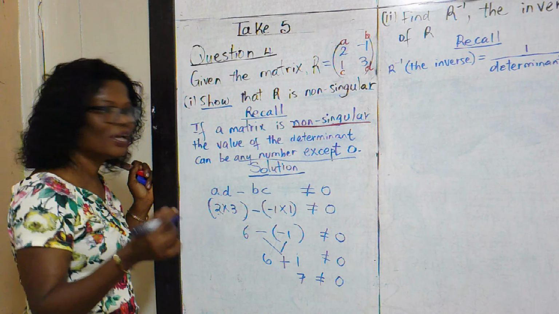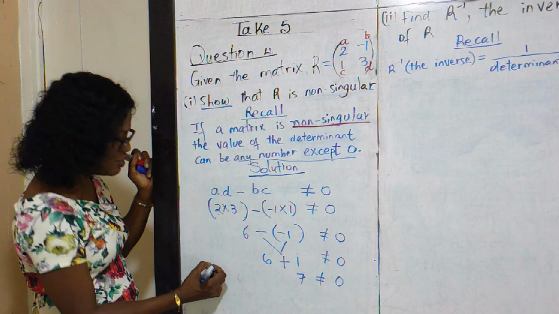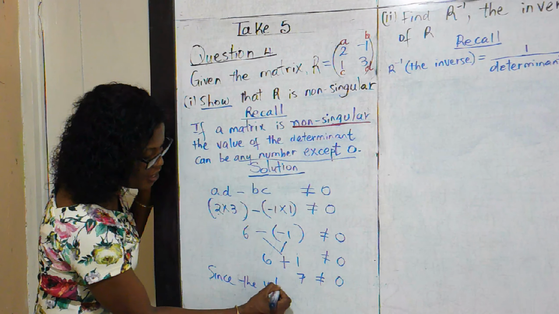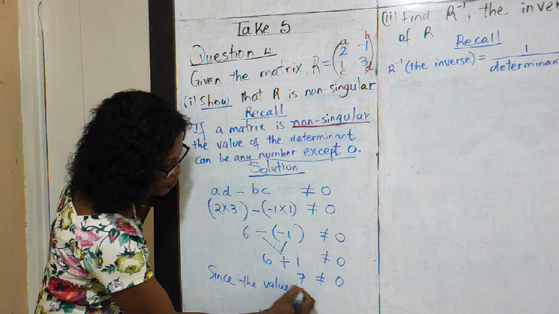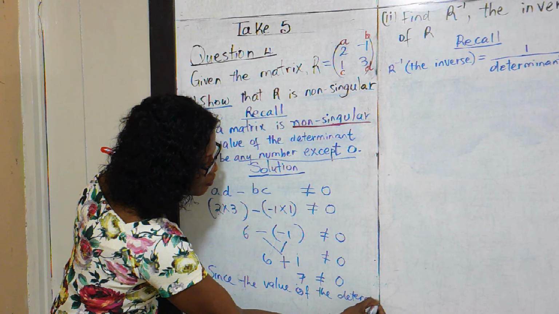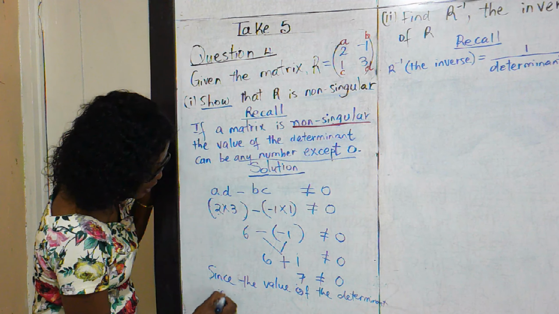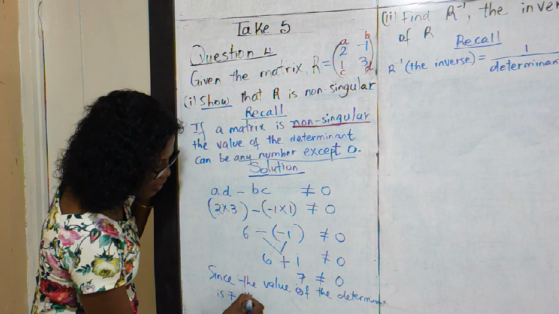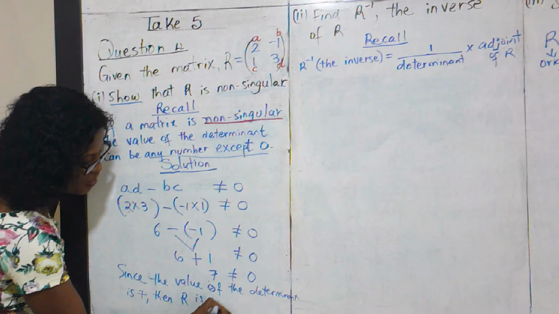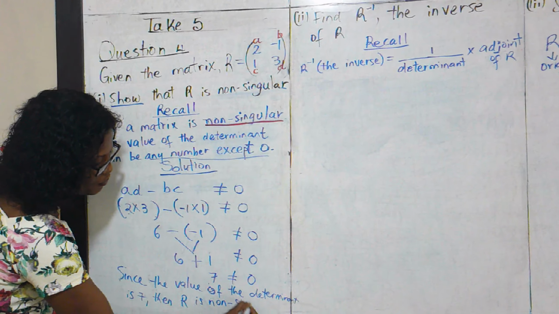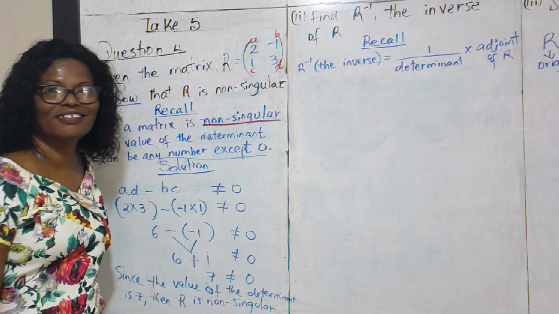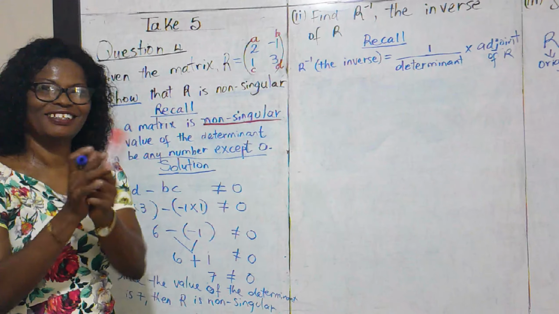And you can make a nice little note by saying that since the value of the determinant is 7, then matrix R is non-singular. You got that? Give yourself a clap if you got it.